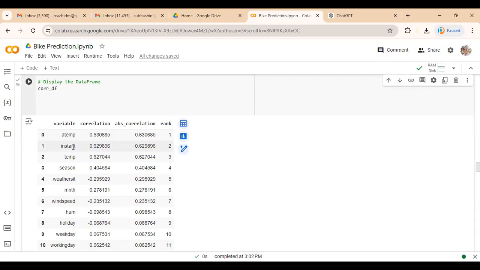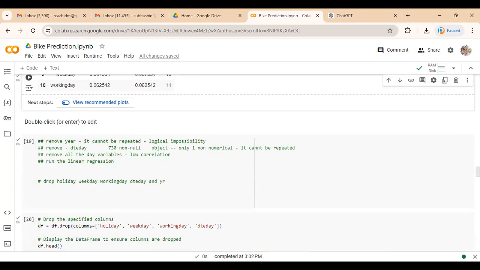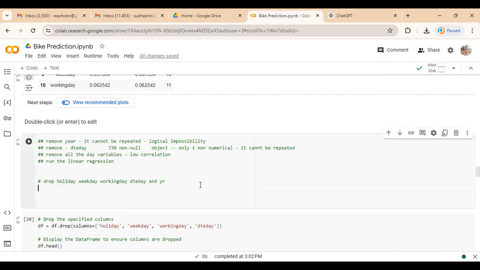Now you can see that the fact that it's a holiday, a weekday, or a working day seems to be very low correlated, 0.06. Okay. Humidity is also pretty low correlation to the count of bicycles that are used, right? So this is an output which makes it easier for us to interpret things.